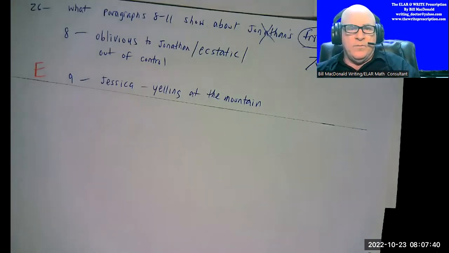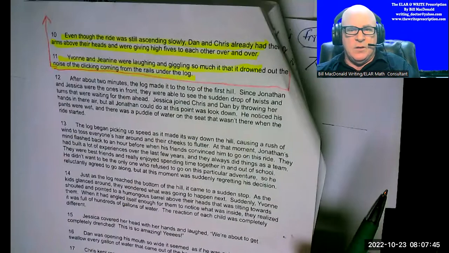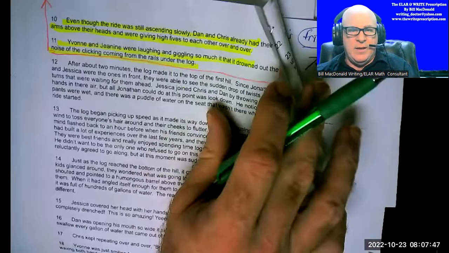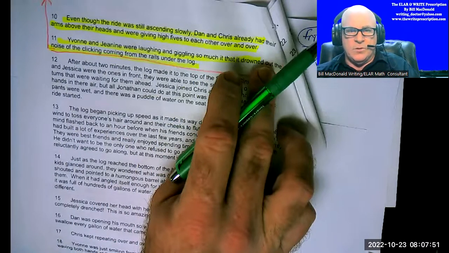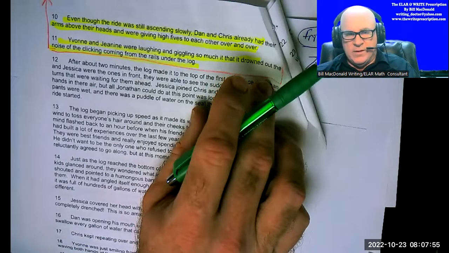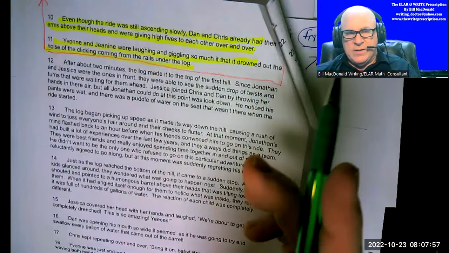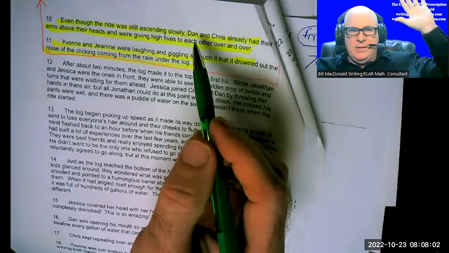"Even though the ride was still ascending slowly, Dan and Chris already had their arms above their heads and were giving high fives to each other over and over." So in this case, one of the things they were doing was independent from each other, just putting your hands in the air.